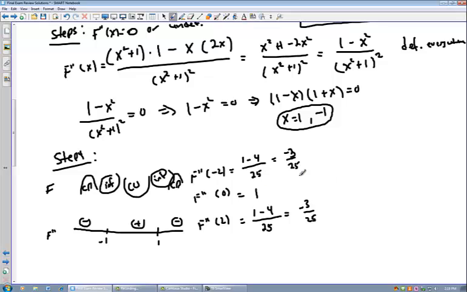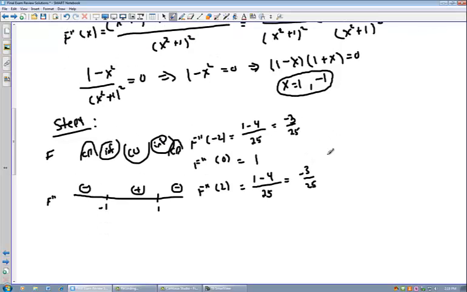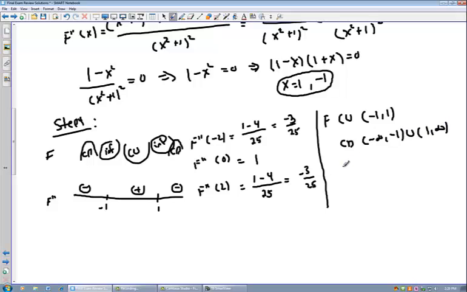All right, so for the analysis for f, what do I have? I know f is concave up from minus 1 to 1, concave down from minus infinity to minus 1, union 1 to infinity. And then we have inflection points.